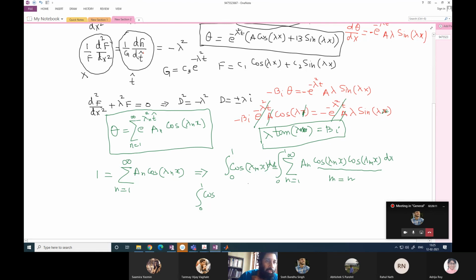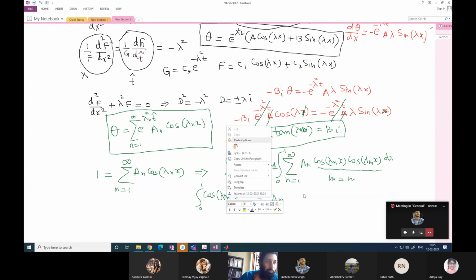So setting m equals n, the integral of cos lambda n x dx equals a n. There is no more sum because only one term remains. So only for n equals m does this become non-zero.